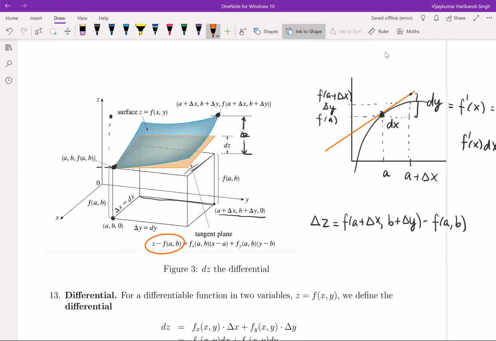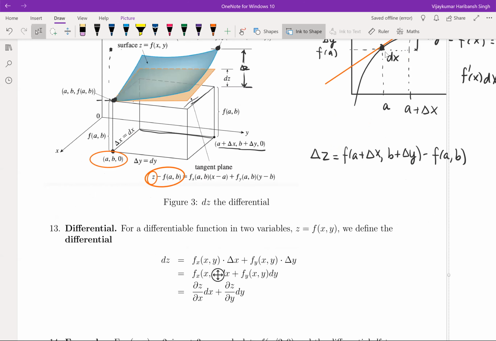This was your original value, and since this z signifies the value on the tangent plane, z minus f of ab gives you dz. So we get dz equals fx of ab times delta x plus fy of ab times delta y. This gives us the differential.